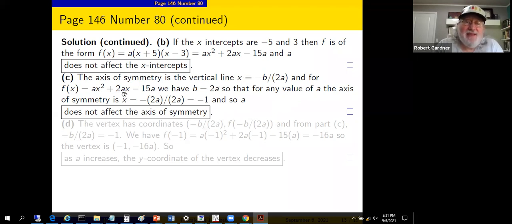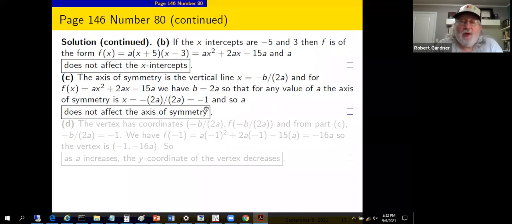This is b in the ax squared plus bx plus c notation. So this is b, and that's c, but we don't need that right now. In terms of a, b equals 2a. So for any value of a, the axis of symmetry would be negative b divided by 2a. That would be negative 2a divided by 2a, which just leaves us with a -1, with the negative out front.